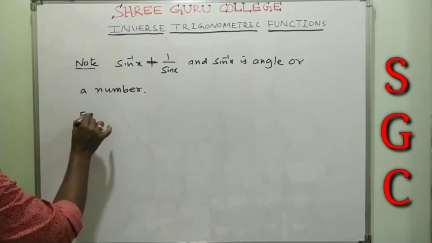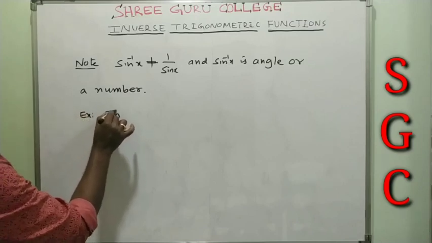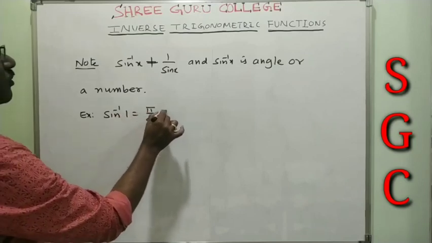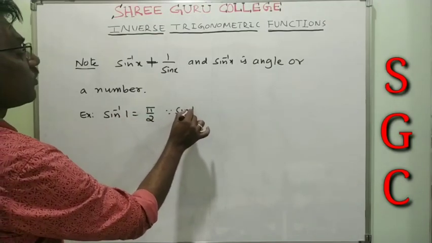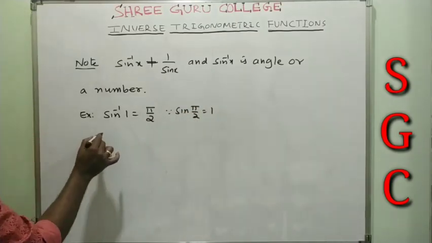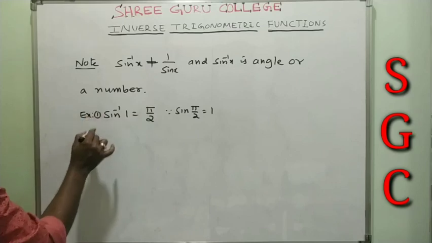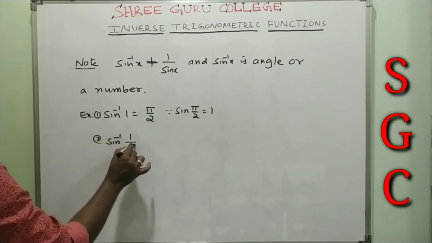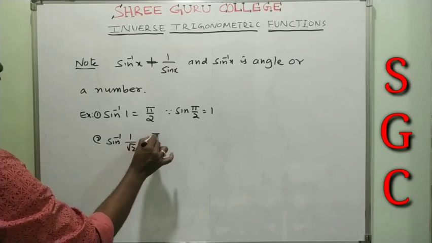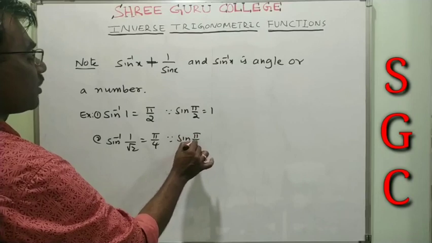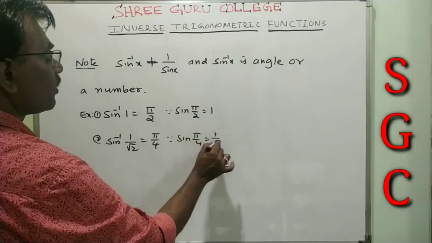For example, sine inverse of 1 is pi by 2, because sine pi by 2 equals 1. Sine inverse of 1 by root 2 is pi by 4, because sine pi by 4 equals 1 by root 2.